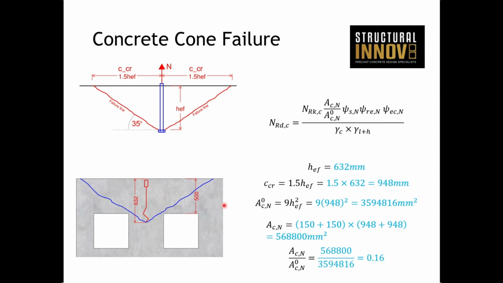Crunching our numbers, we end up getting a massive area reduction because we are only 300 millimeters thickness, and it's a function of the depth, 1.5 times the effective depth. So the area required for no reduction is quite large.